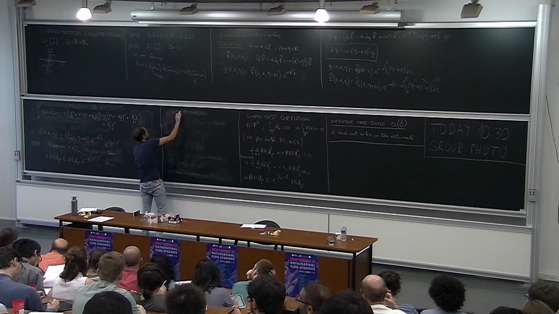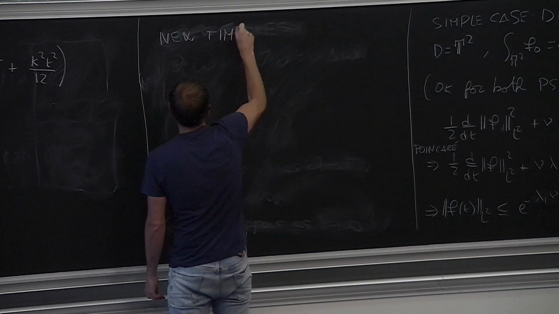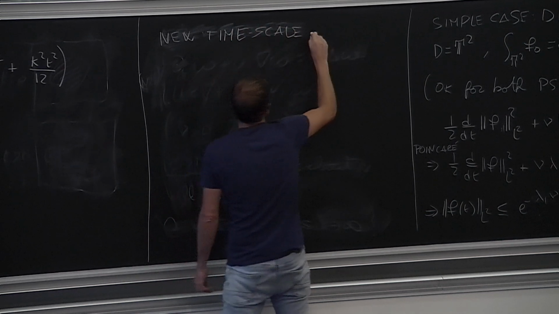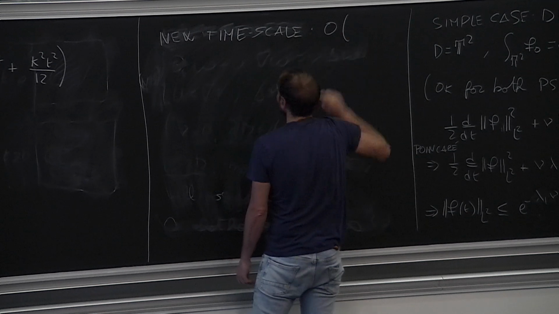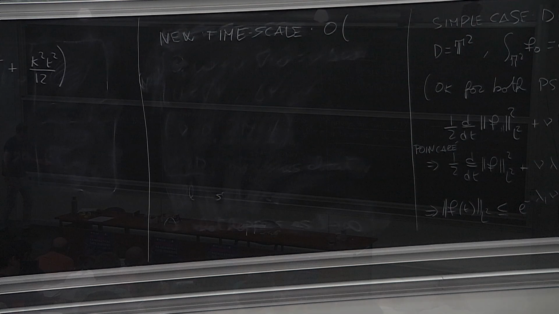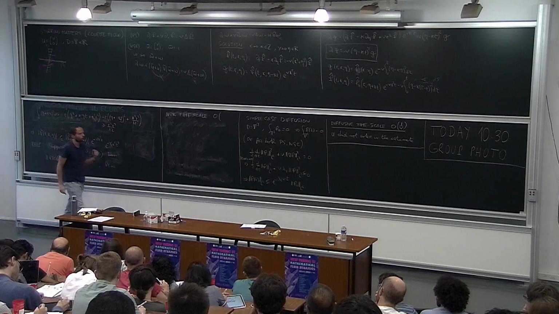So basically, there is a new time scale, which is O of, so what is the time at which the solution becomes order 1 in nu now is 1 over nu to the 1/3.